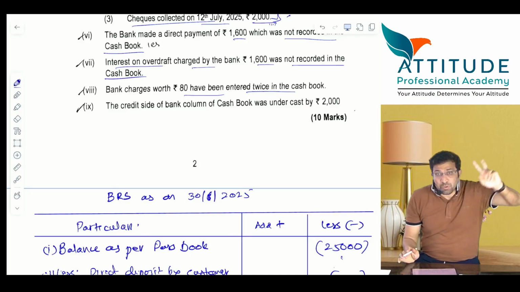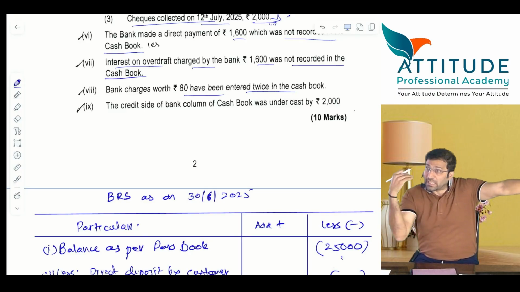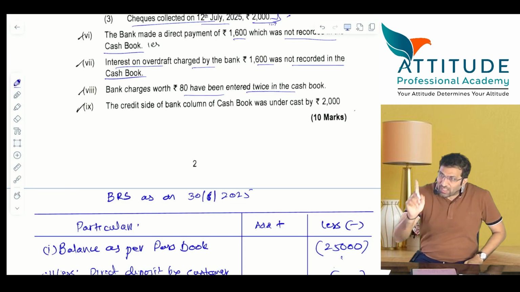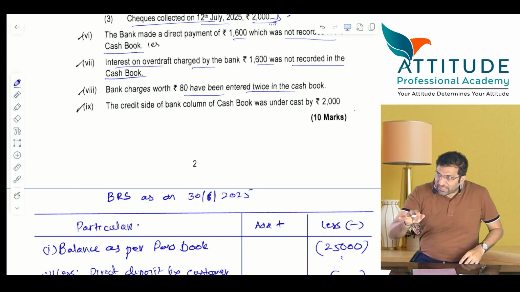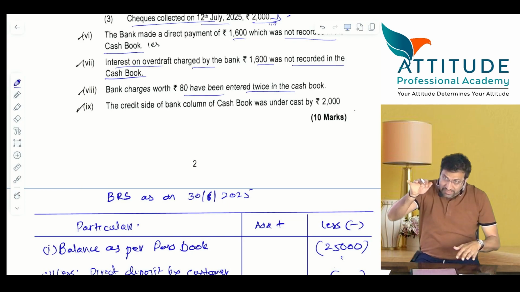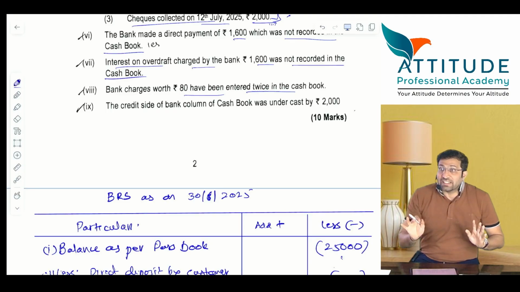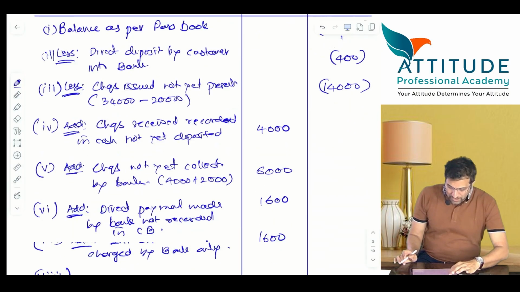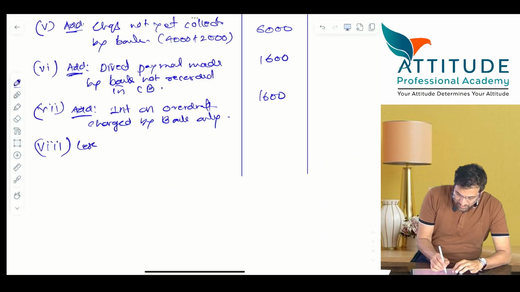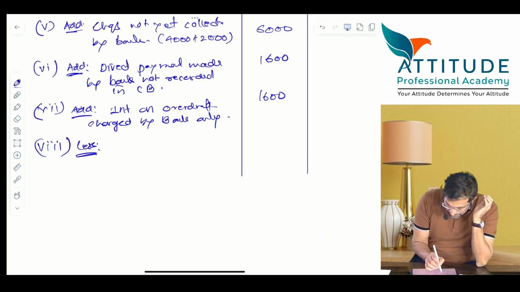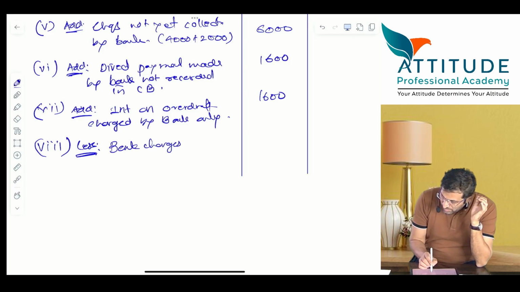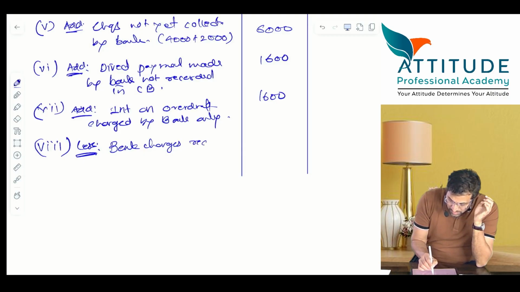Cash book में 2 बार रिकॉर्ड किया है, doesn't mean that passbook में एक बार भी रिकॉर्ड नहीं किया है. पासबुक में एक बार रिकॉर्ड किया, 80 डाउन हो गया है, मगर कैशबुक में 80 और 80 2 बार हुआ है. डिफरेंस इज स्टिल व्हाट? 80. अंडरस्टूड? क्या होगा? लेस. लेस मींस इट विल गेट व्हाट? एडेड. टेल मी. बैंक चार्जेस recorded twice in cash book. Twice in cash book. 80.